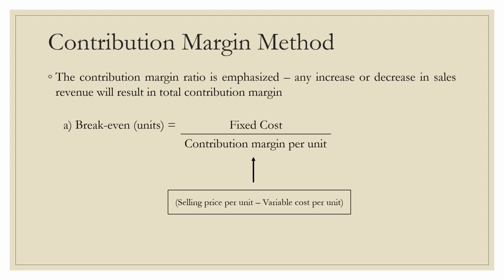To get the contribution margin per unit, you take the selling price per unit minus the variable cost per unit.